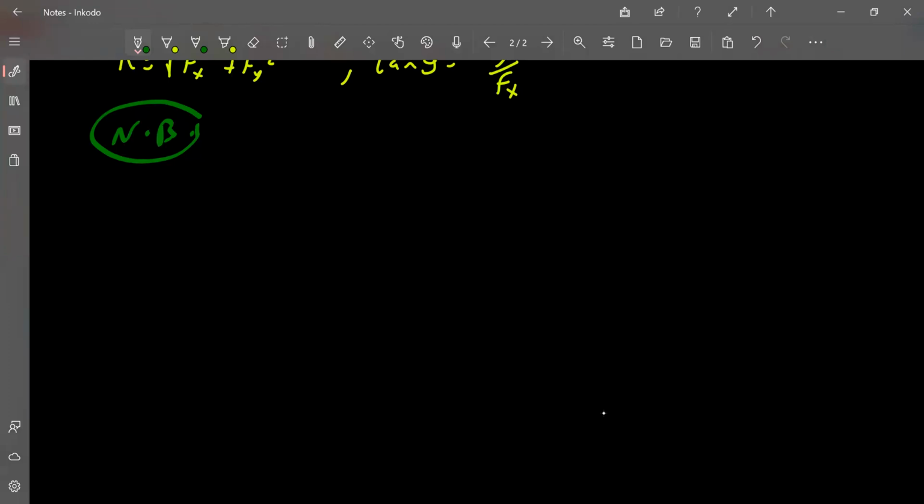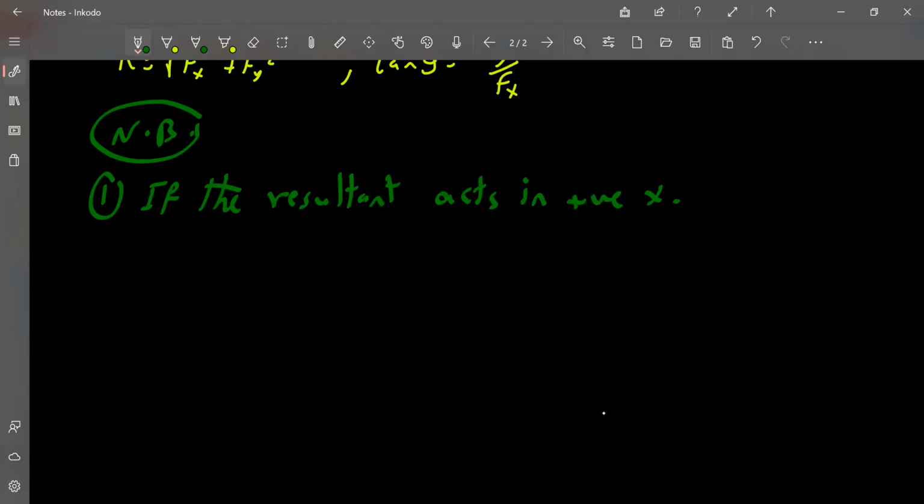Number one: if the resultant acts in the positive x-axis, that means theta equals 0 and Fy equals 0.